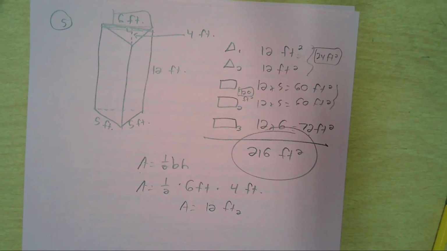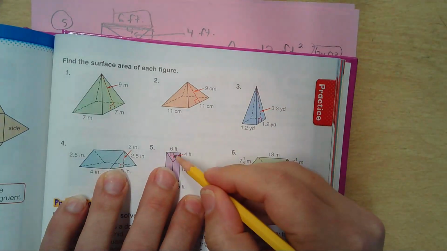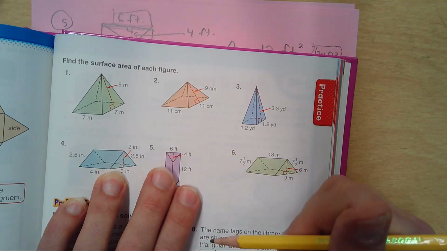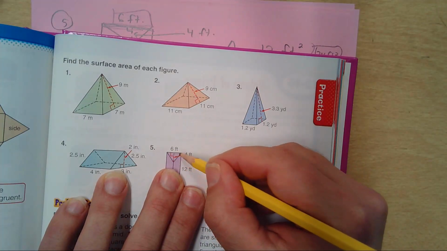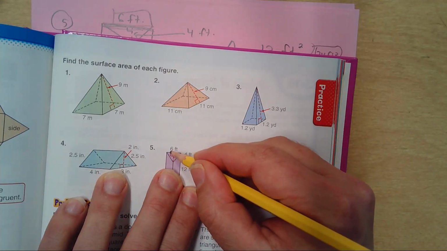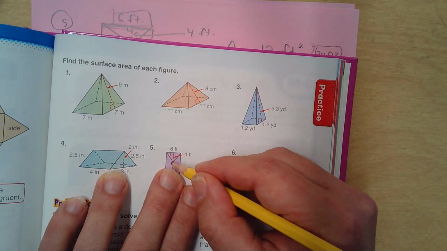So how do you find the measurements for the triangles? You're always looking for the right angle symbol. And then you're trying to lock in what are the 2 measurements that make it up, because you see that right angle touches the 6 here, and it also touches this dashed line where that 4 feet is pointing at it.